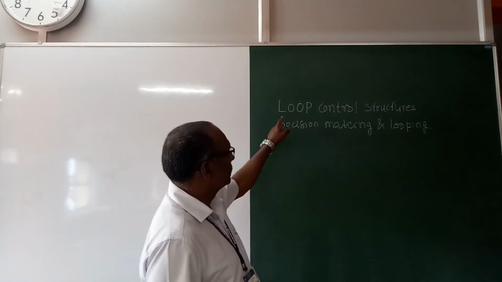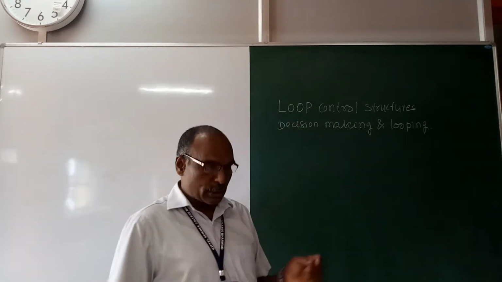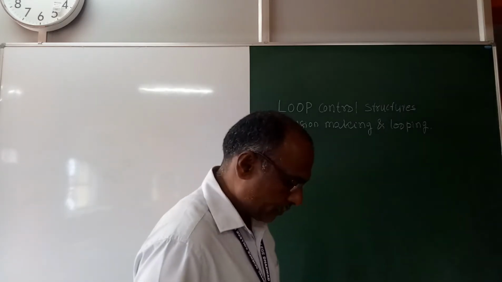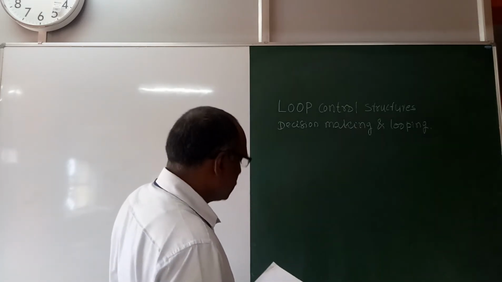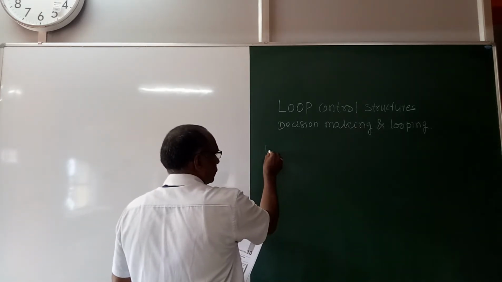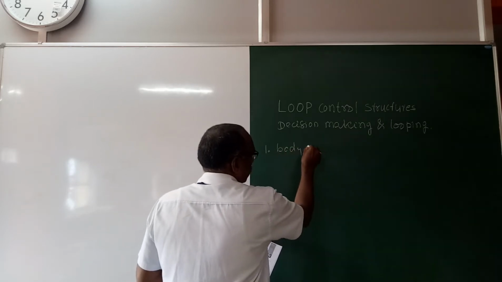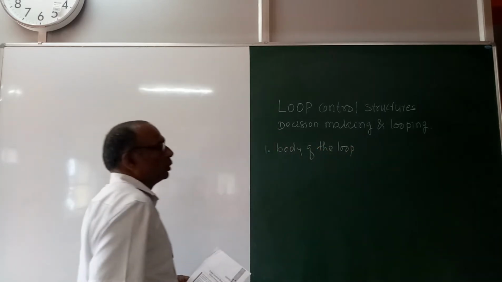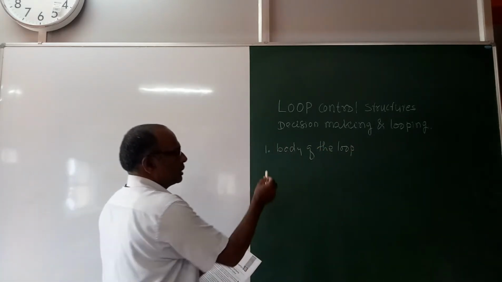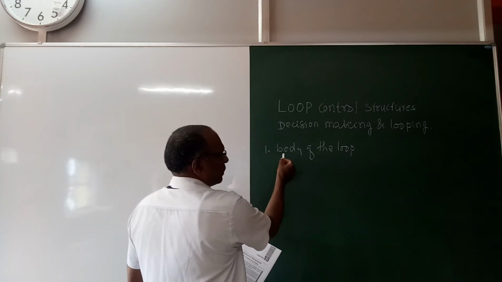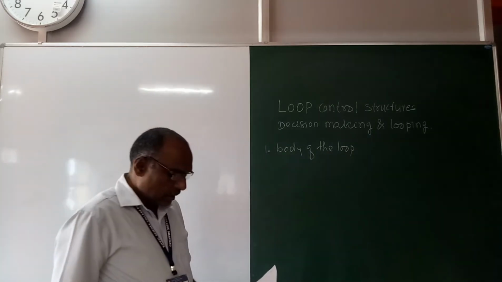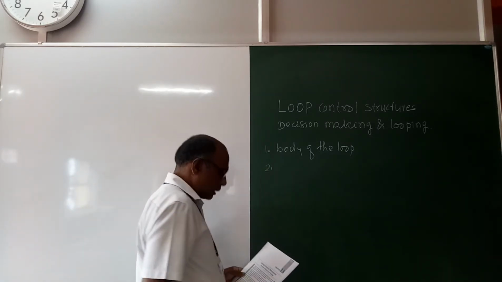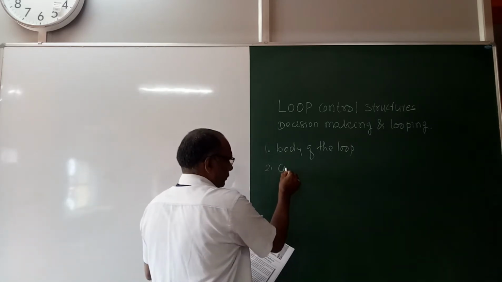The word loop or looping in a C program essentially consists of two parts. The first one is the body of the loop, and the other one is known as the control statement.